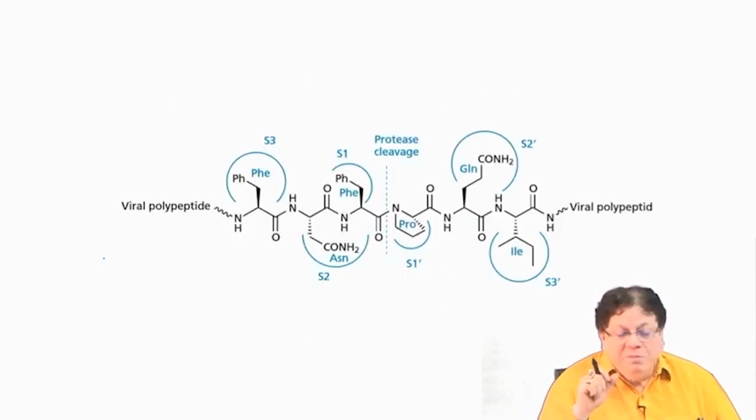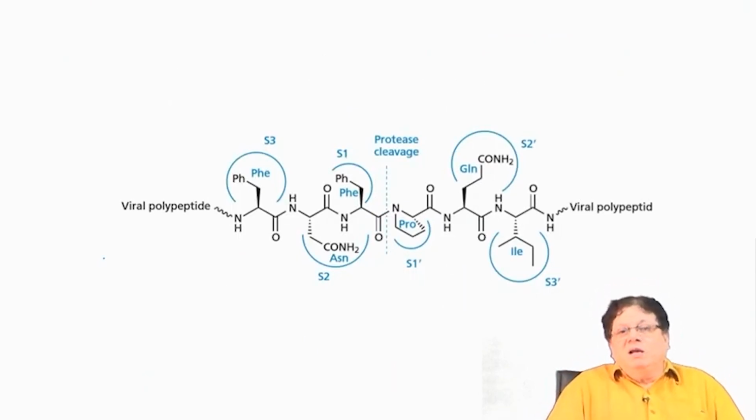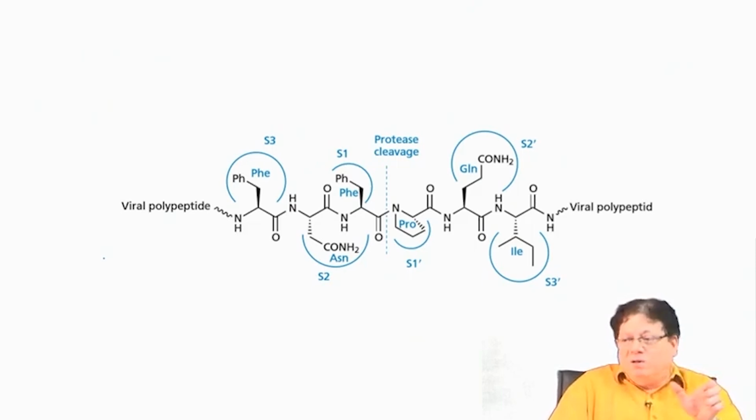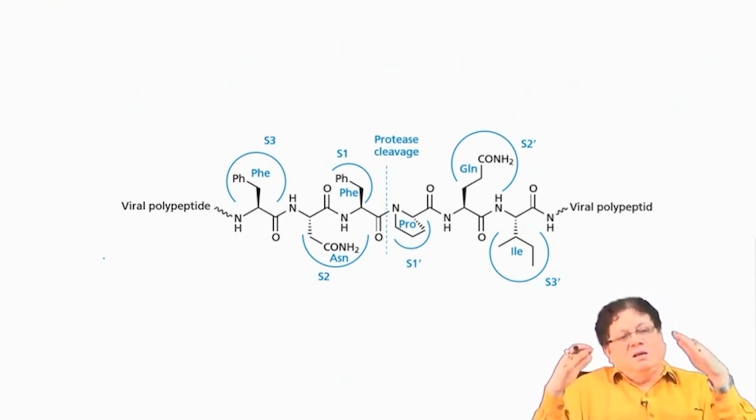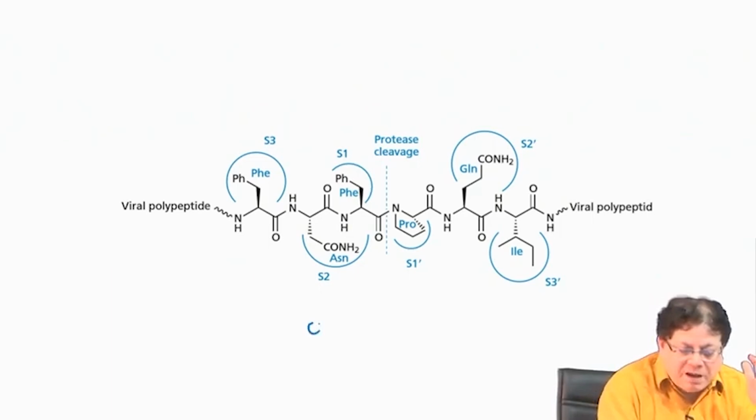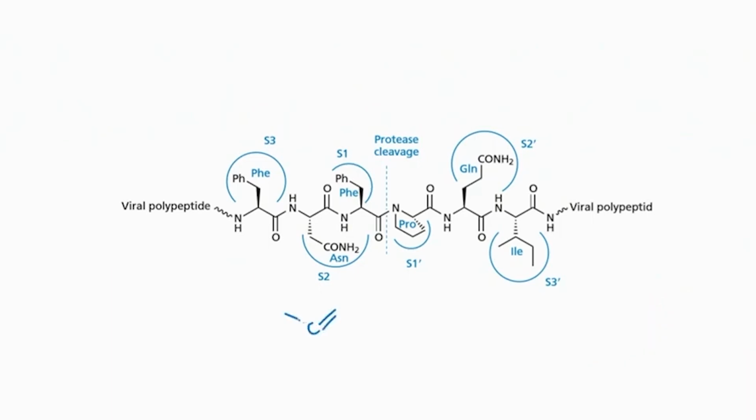Proteases we know are of 4 different types: serine protease, cysteine protease, aspartyl protease, and metalloprotease. So the first question is, what type of protease is this? They found that this is an aspartyl protease. That means the aspartic acid and the aspartate are like this.